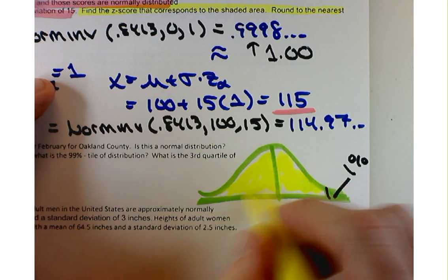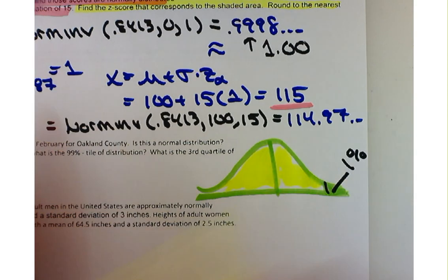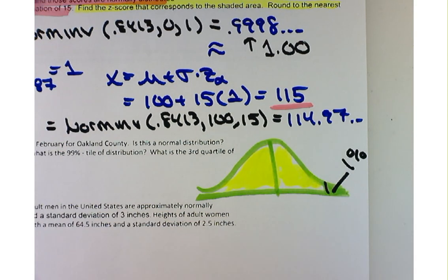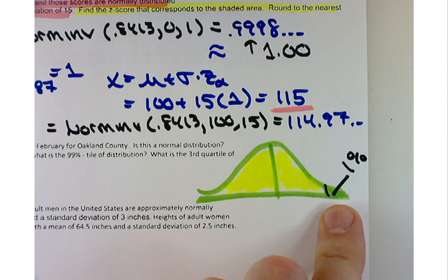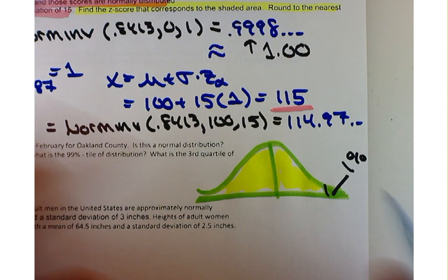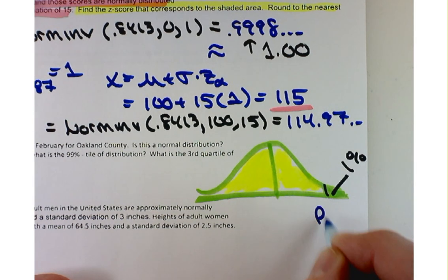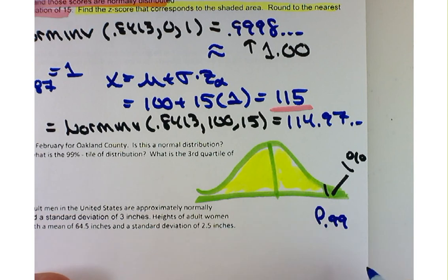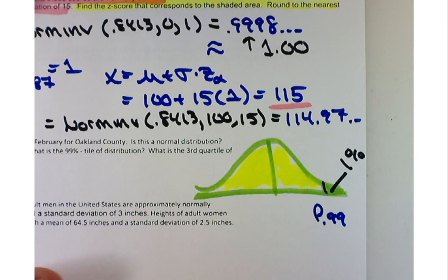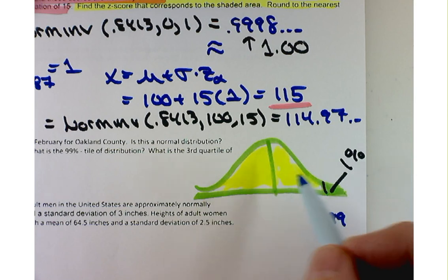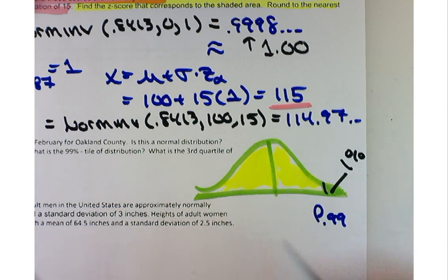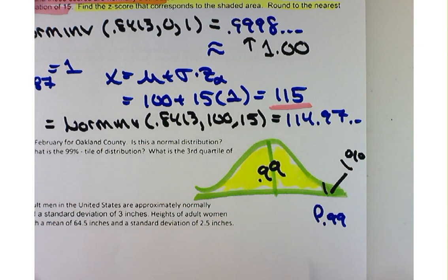Right now, I've got the point that has 1% of the area in the right tail, so that would be P99. But that's not how Google works when it's working with the normal distribution. It always gives you the area in the left tail. So what is that area in the left tail going to be? Yeah, this is going to be your 0.99.